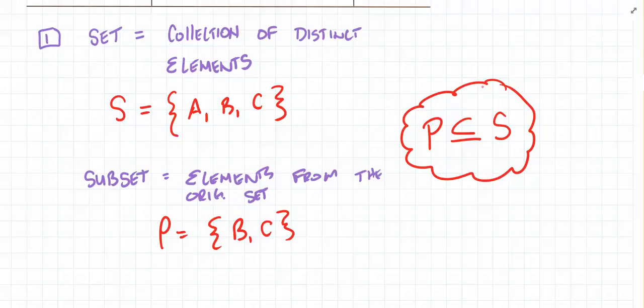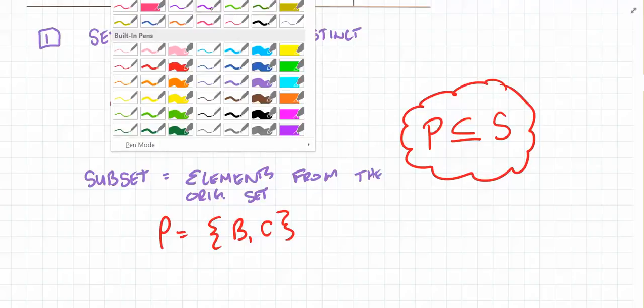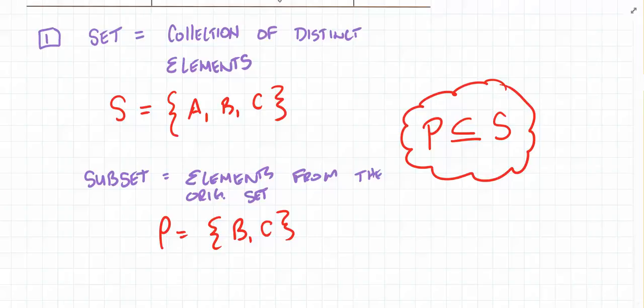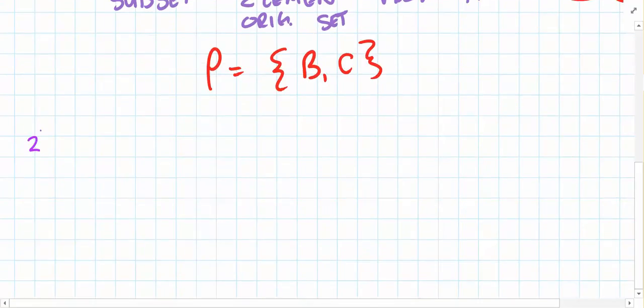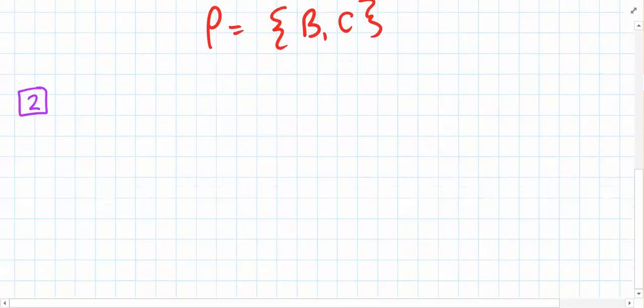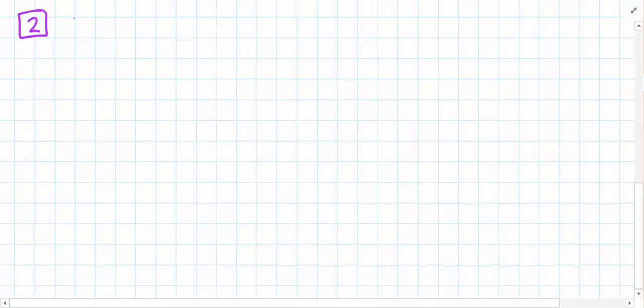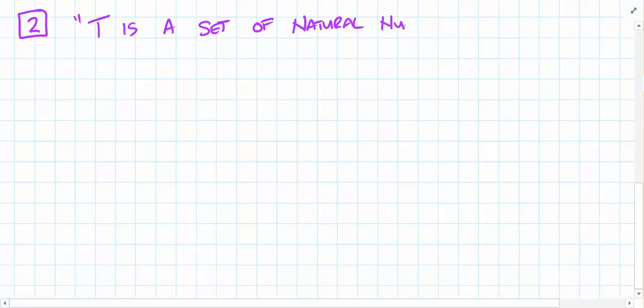So let's talk for a moment about why we even care. Why does this even matter to us? Well, let me give you an example. Let's say I give you a quote like T is a set of natural numbers. What are the natural numbers again? 1, 2, 3, 4.